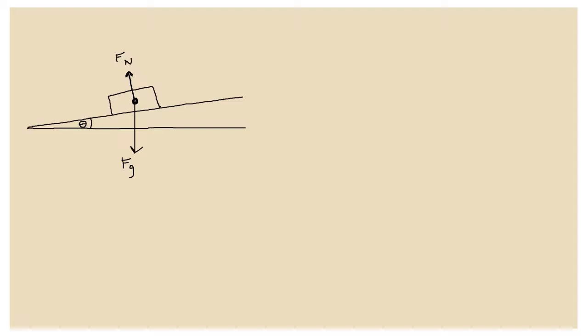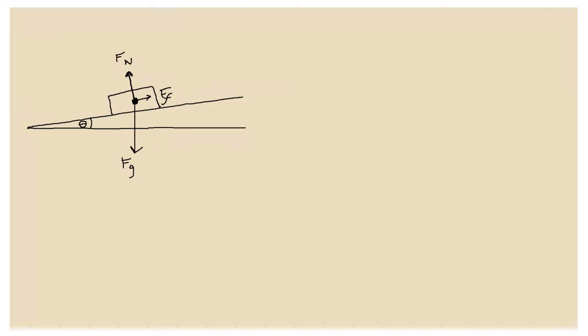And lastly, we're going to put that force of friction in there. The force of friction should be parallel to the ramp. And you're not really supposed to make an arrow go beyond the box, but I'm going to do that here just because the force of friction is supposed to be smaller than the normal force, because the equation for the force of friction is the coefficient of friction times the normal force.